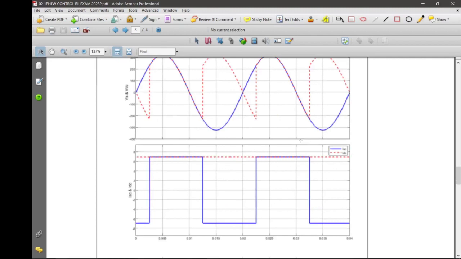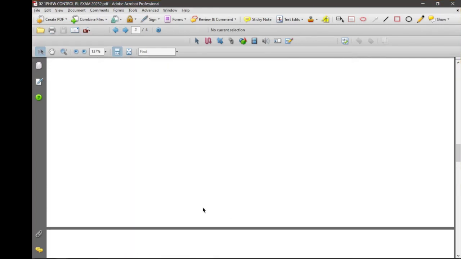So it's a constant current, so this is the output current, a constant ideal IDC current, and at the input side we have a square waveform. Okay, a square current waveform, and it is shifted to the right by the value of alpha, the firing angle of your thyristor 1 and thyristor 2. Okay, so that is number 1.